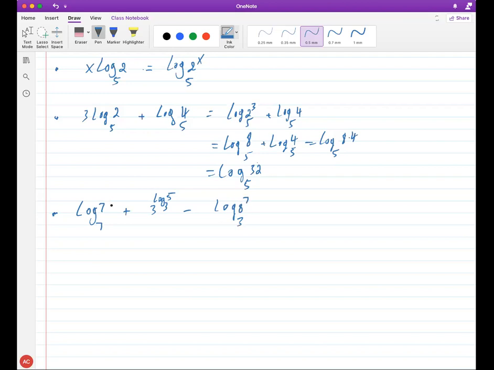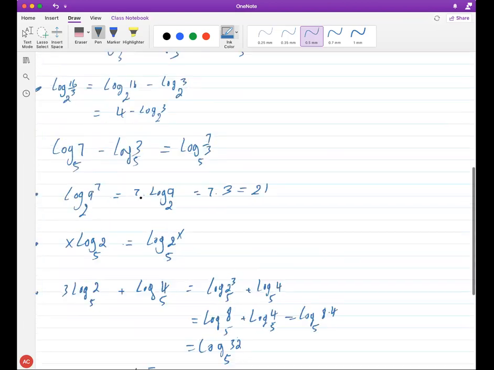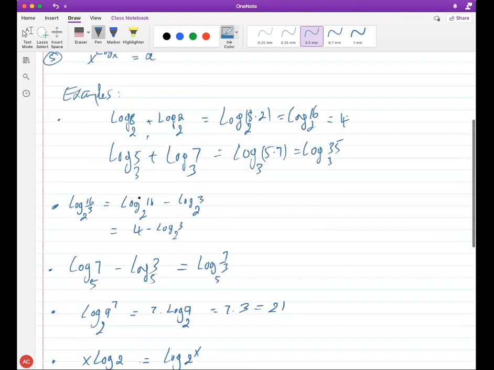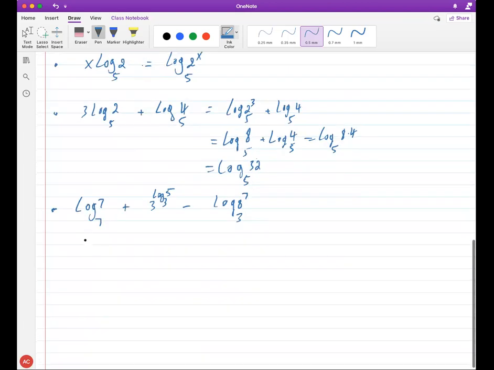Okay, simplify this whole expression. Now that we know the rules, we can do this pretty quickly without a calculator. So what happens here? First one would be, again, 1. 1 plus. What is this equal to? 5. That's right. The base here is the same as the base. This will be equal to 5 minus.